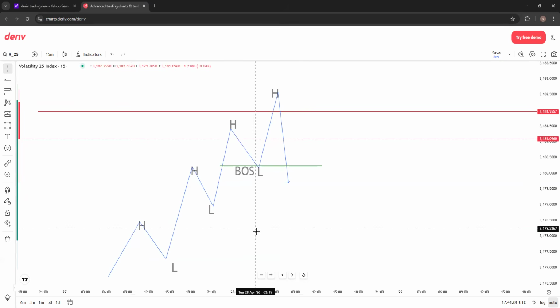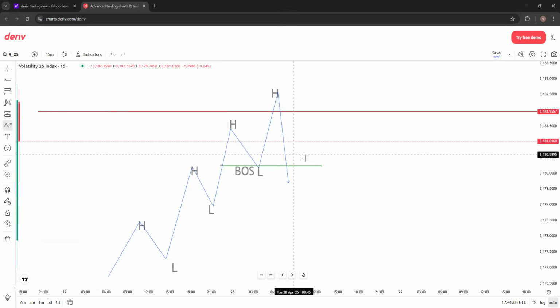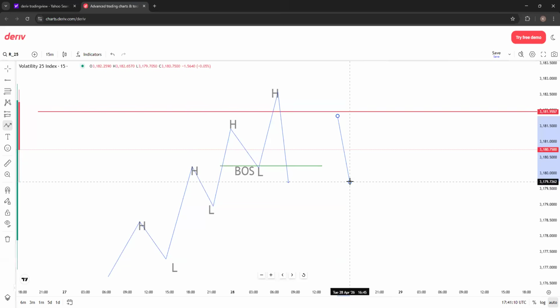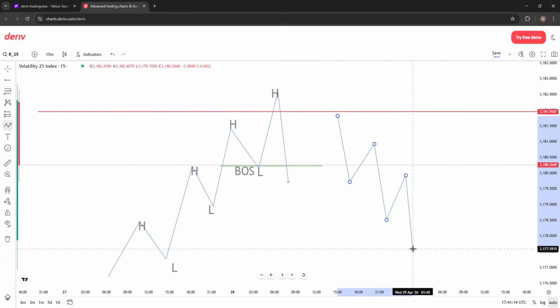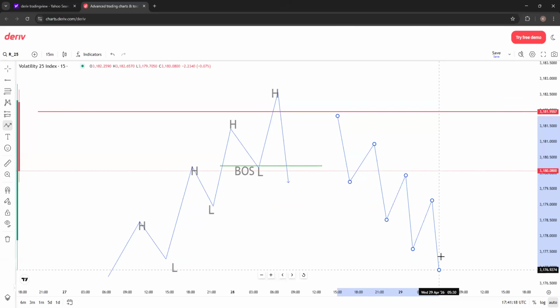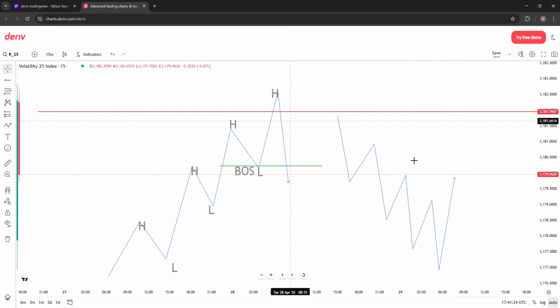Now, we can see that as well when we're in a sell side direction, meaning that we can be having a downtrend, giving us lows, highs, lows, highs, lows, highs, lows, and then the moment we break a previous high, like in this scenario, we've broken a high.